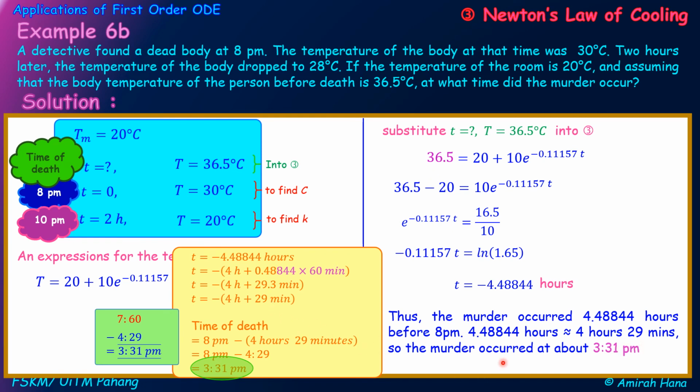So the murder occurred at about 3:31 p.m. Alright, this is the final answer. What time did the murder occur? So the murder occurred at about 3:31 p.m. Okay, the same day because t here is less than 12 hours. Alright.